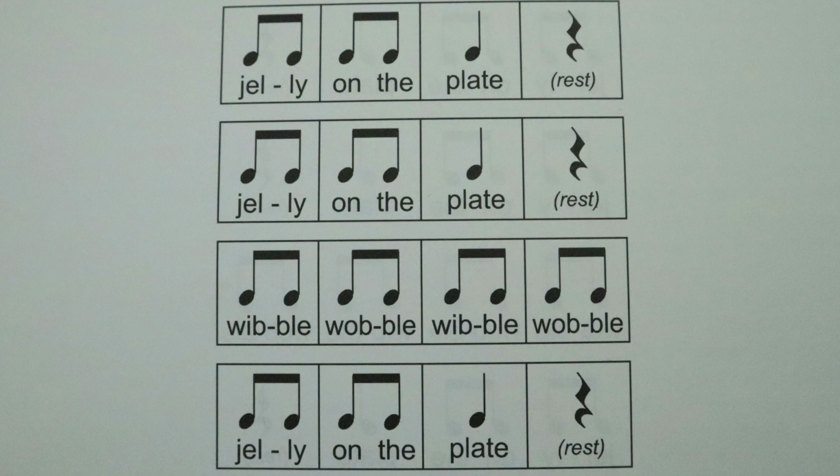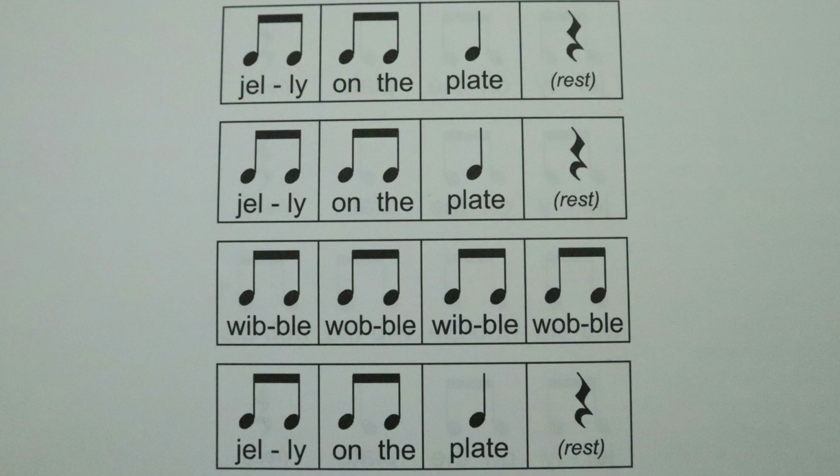So first of all, we've got jelly, which are 2 quavers, 1 and. Now remember, with quavers, we want these to be extremely even. We don't want da-da, da-da, or da-da-da, da-da. Those are different rhythms completely. We want very equal 1 and 2 and.